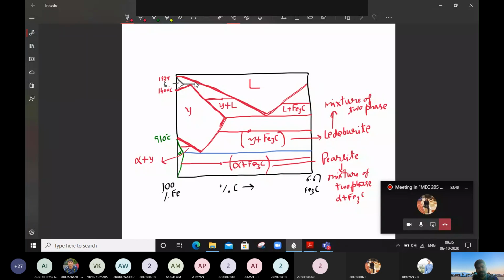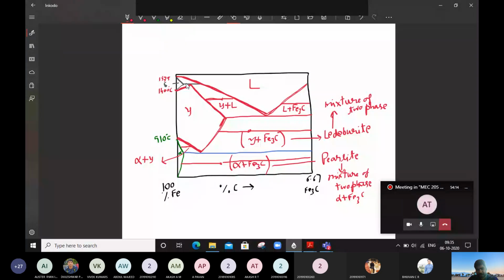Yes, anyone can tell? Yes, go ahead. So delta plus... gamma plus liquid. No, just see the region first. I am asking about this region. So, what will be the phases?